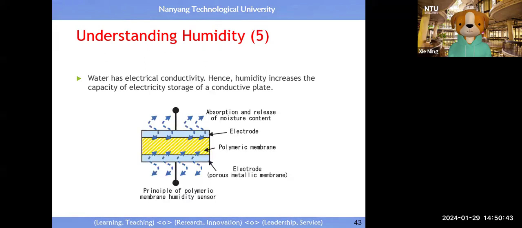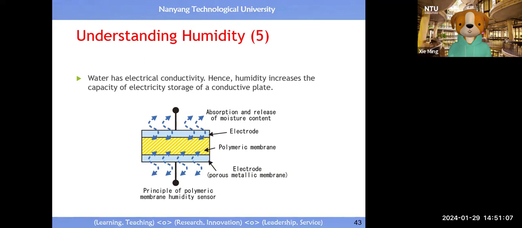And you can also use a capacitor. You remember a capacitor consists of two parallel plates, but in between we can insert a special material. We call it a dielectric material. This material is not electrically conductive; the current cannot pass through.